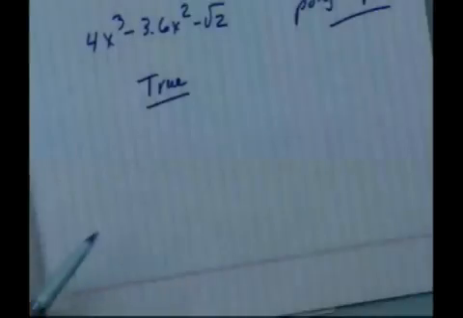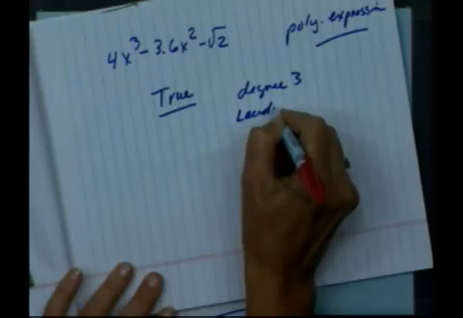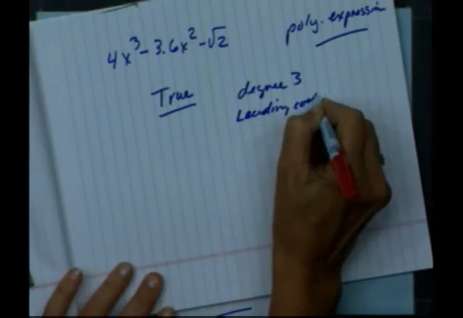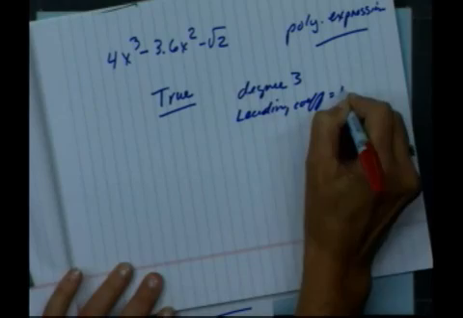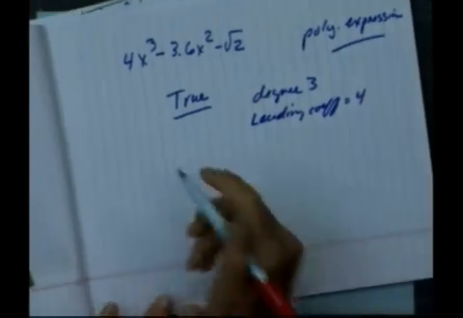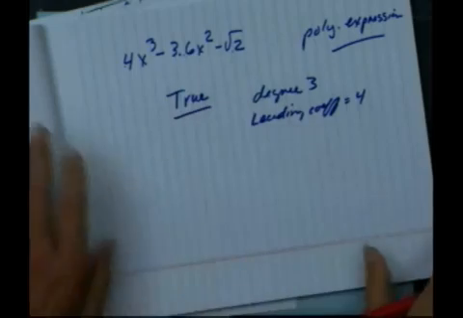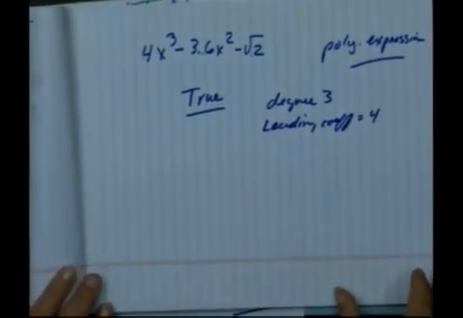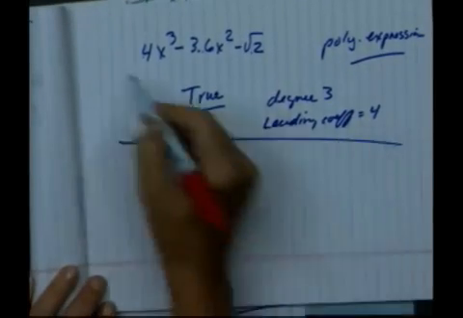And what is my leading coefficient? 4. Okay? So we need those things. All right. So it's degree 3, leading coefficient is 4, third degree. And all the constants here have to be real numbers, and square root of 2 is a real number. Okay? That was number 2.